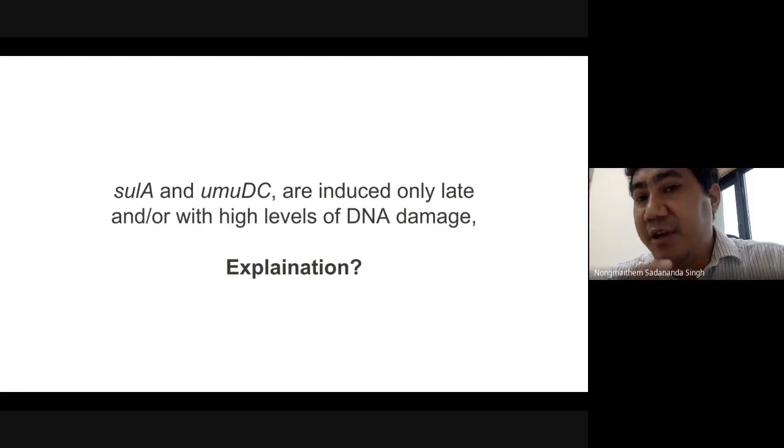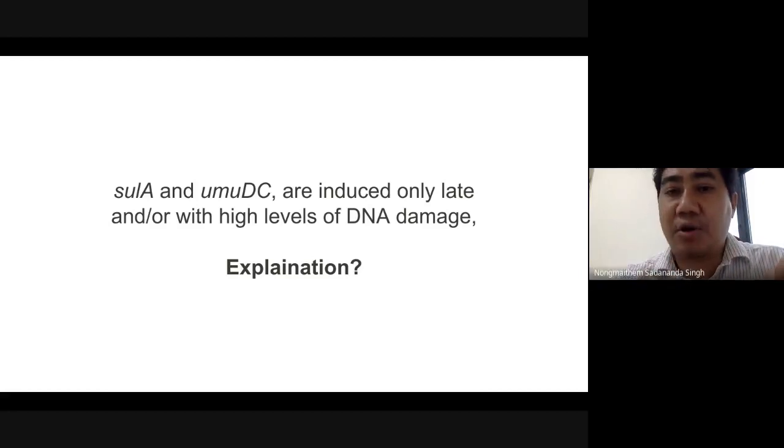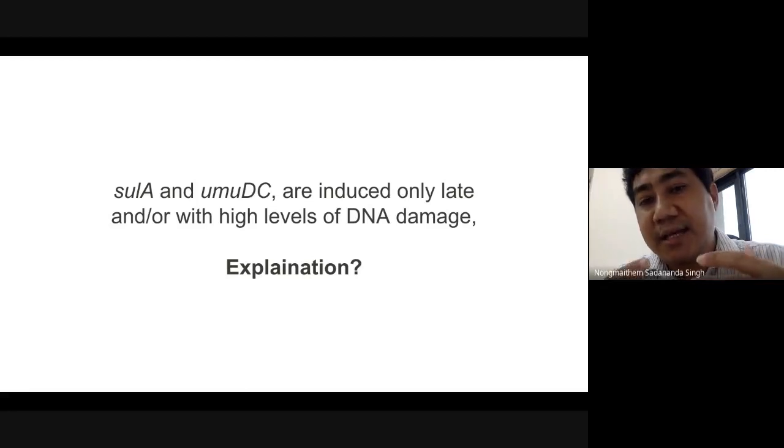The level of LEX-A keeps on decreasing. So to make sure that the cell cannot cope up, the LEX-A has to come down to a very, very low level for SEL-A and UMU-DC promoters to be cleared from the LEX-A repression.